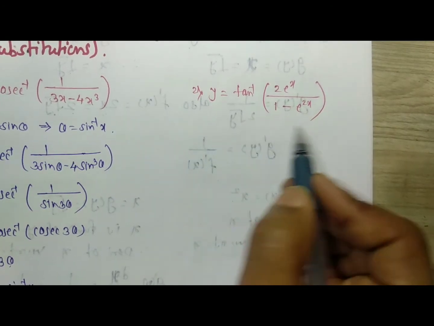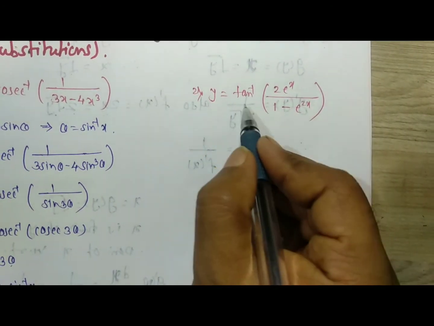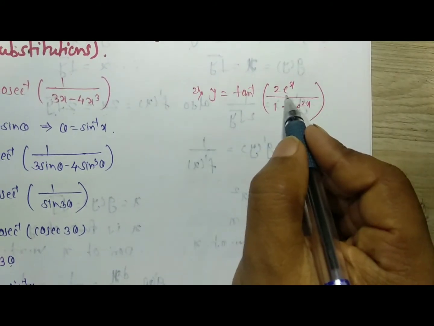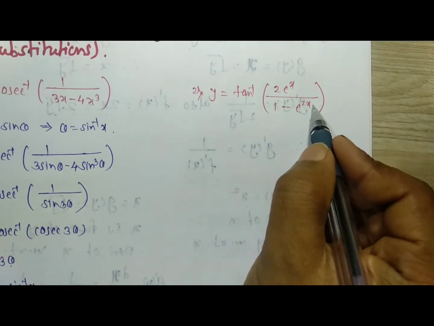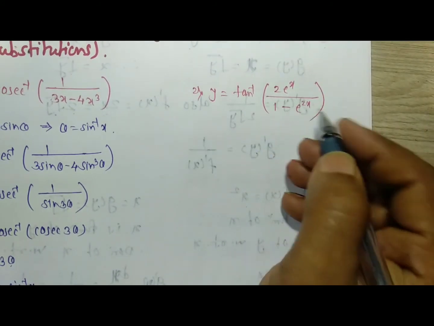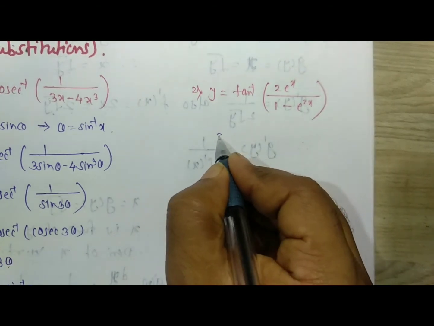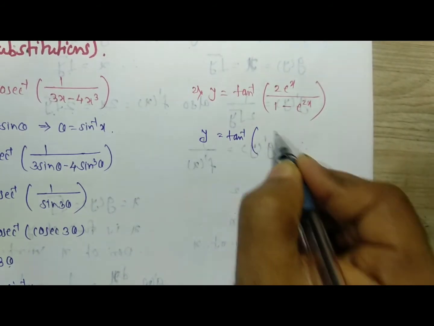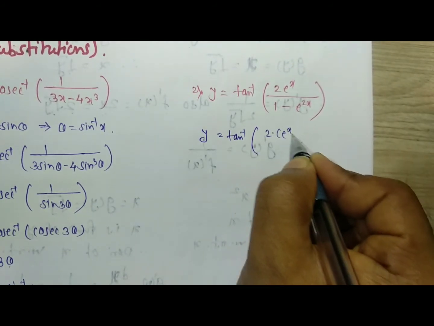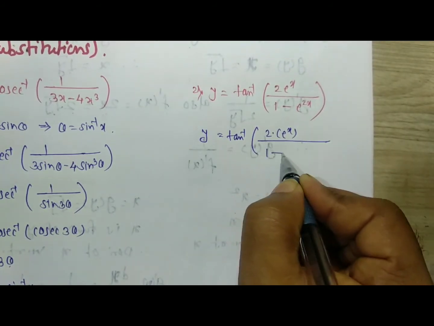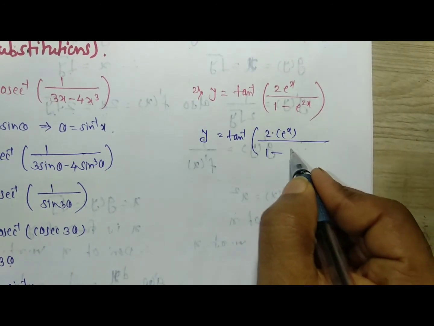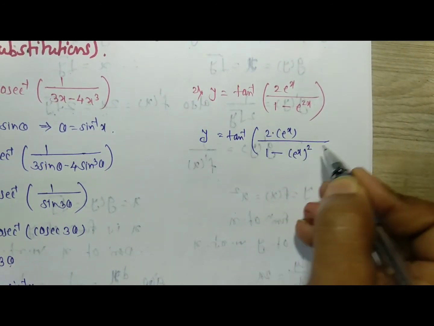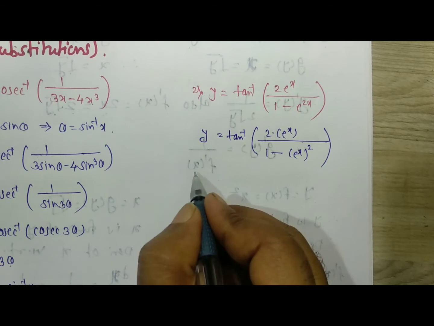Right now we go with this consideration: y is equal to tan inverse inside the bracket 2 into e raised to x divided by 1 minus e raised to 2x. First of all, we have to rewrite that expression, 2 into e raised to x divided by 1 minus e raised to 2x, as e raised to x squared in the denominator.